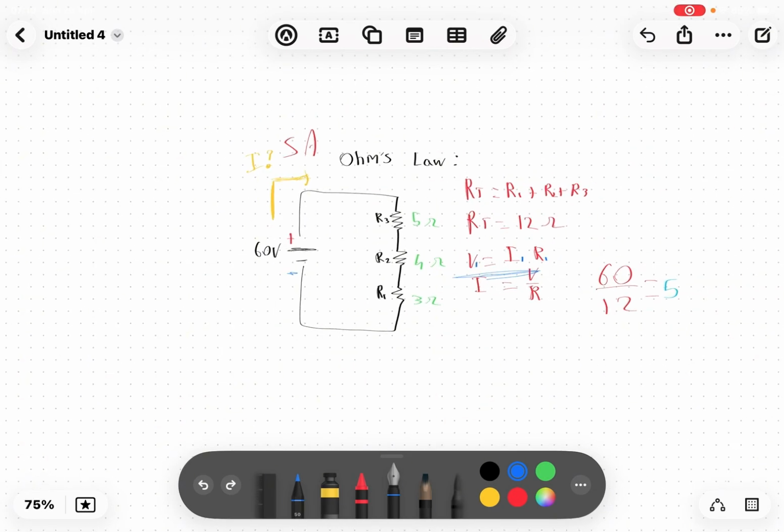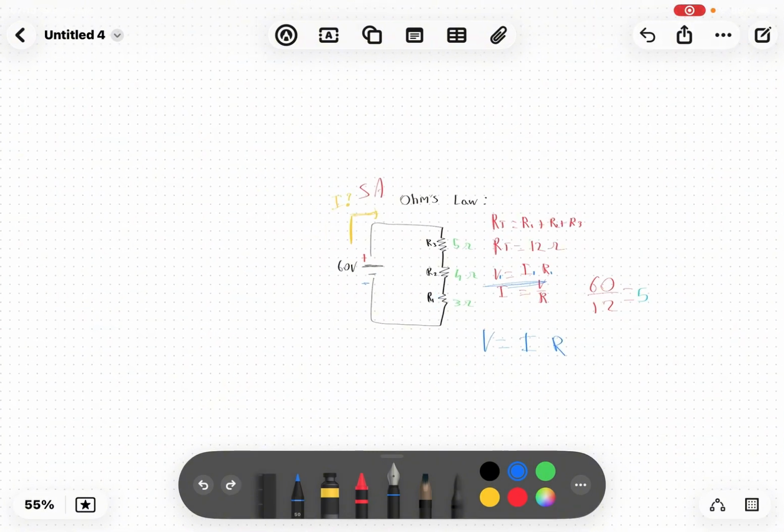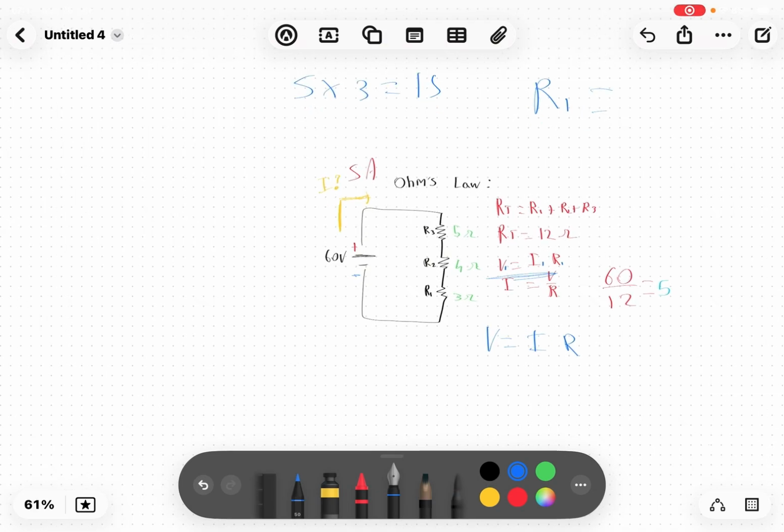For the first one, it would be 5 times 3 equals 15, because the current is 5 and it's the same everywhere in series. So the voltage drop here would be 15. 5 times 4 is 20. 5 times 5 is 25, and 25 plus 20 plus 15 equals 60.